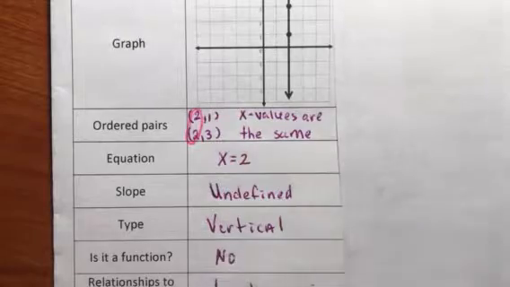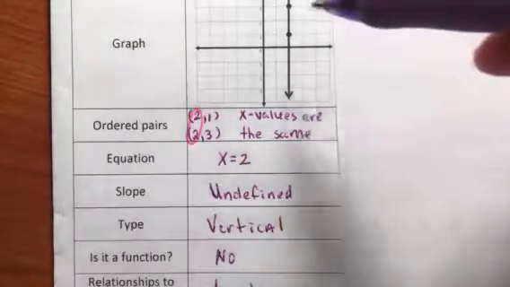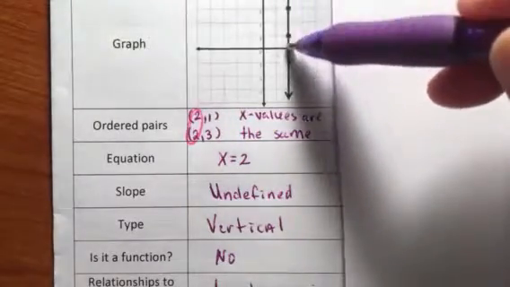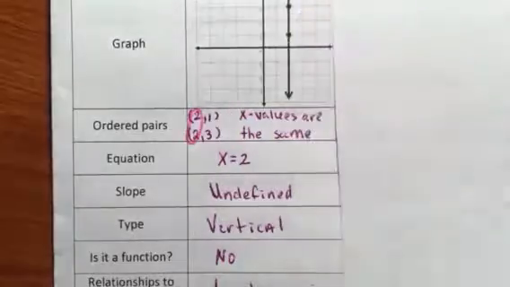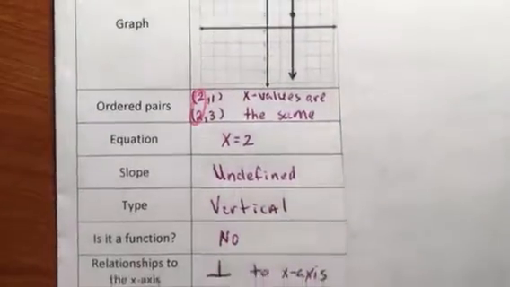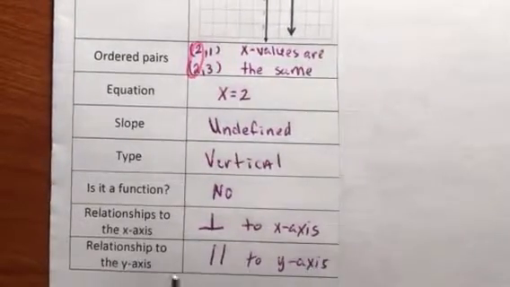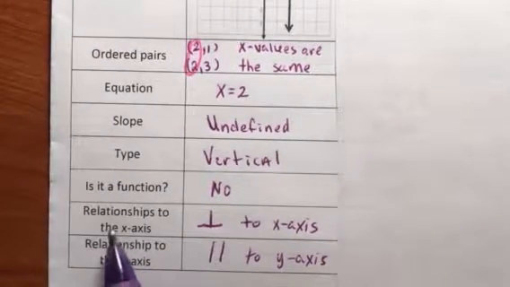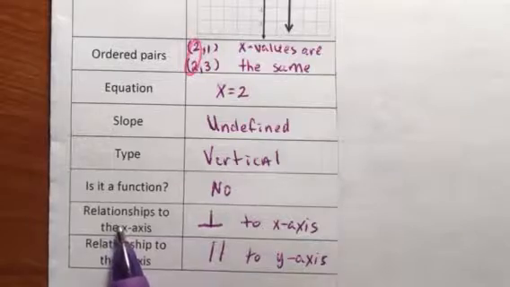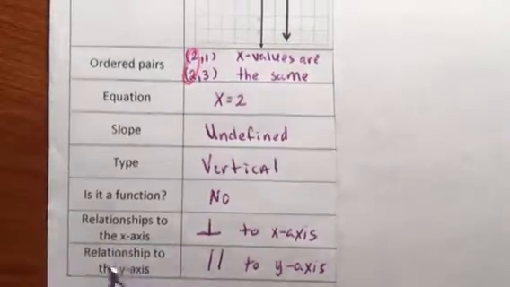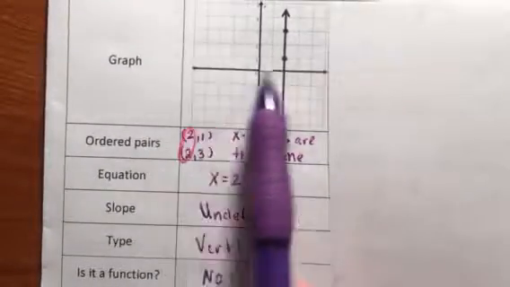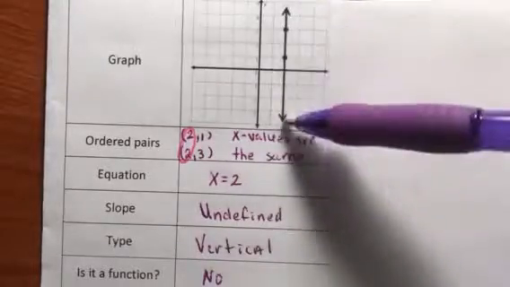Okay, this next part may be tricky because y'all may not think of it like this, but is this a function? No, it is not. Why? Because it fails the vertical line test. It touches more than one point. That means it's not a function. Now, these two. So we have your x in relation to the x-axis. So here's your x-axis. Here's your line. Those are perpendicular.